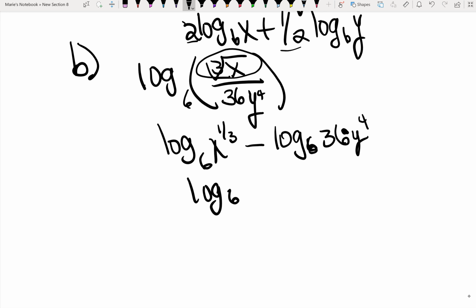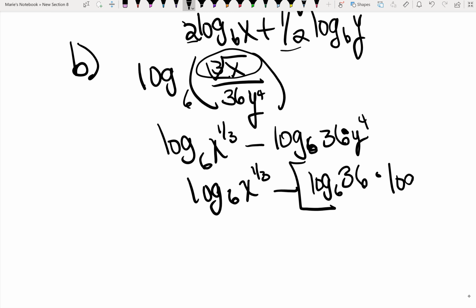So this is log base 6 x to the 1/3 minus, I like doing this, log base 6 of 36 plus, I'm sorry, I had a moment, plus log base 6 of y to the 4th. So now I'm looking at these two expressions, and I'm thinking let's apply the power rule now.